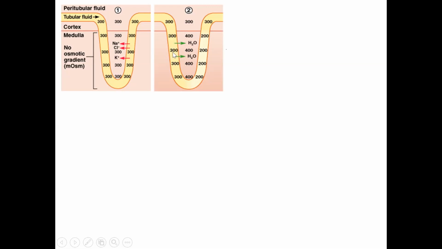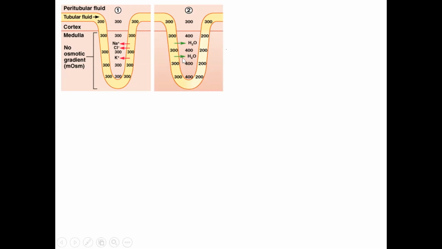Because you have more water in the descending loop. Remember, the descending loop is permeable to water, only permeable to water. So even though there are more ions outside, ions cannot move back. It's impermeable to ions. Only water can move. So water will go from a higher water concentrated area to a lower water concentrated area.